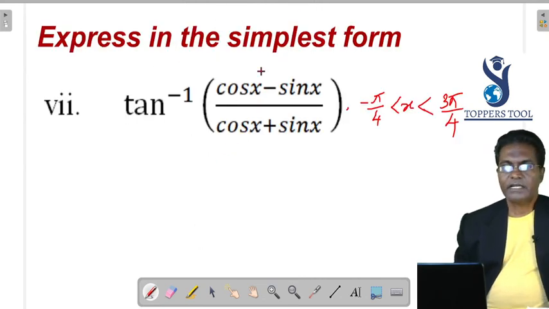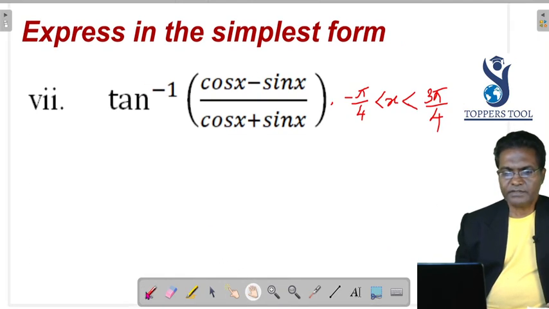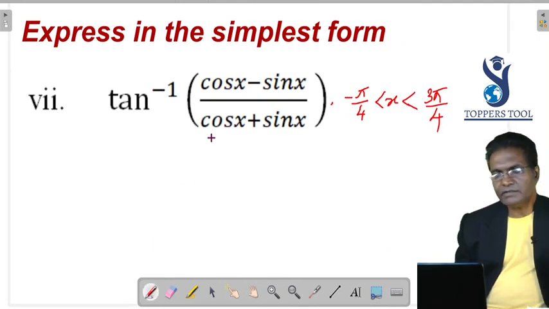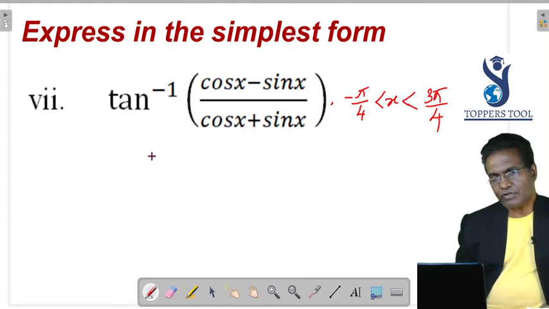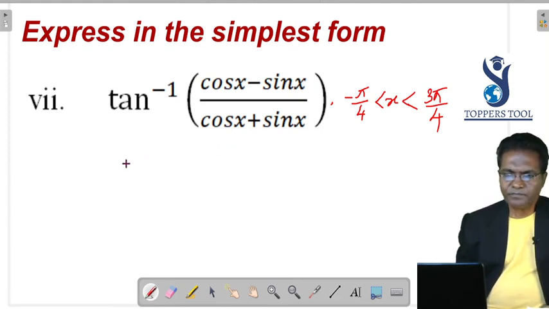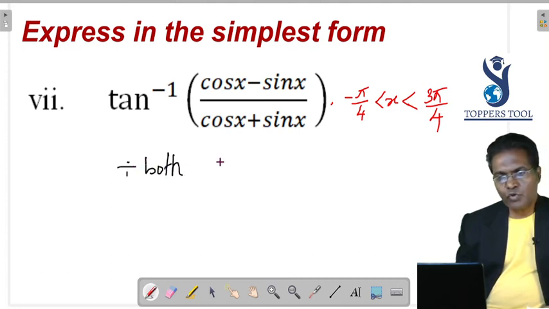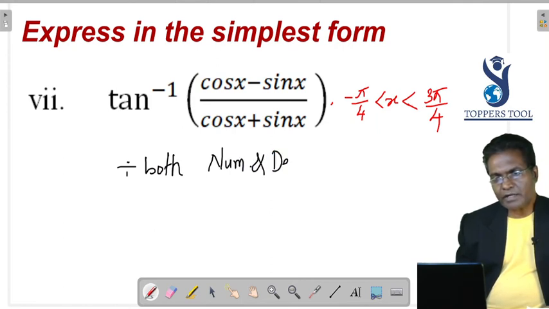Express in the simplest form. Okay, so it is the same thing that we did in the last problem. Divide both numerator and denominator by cos x.